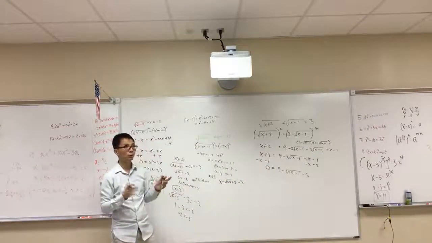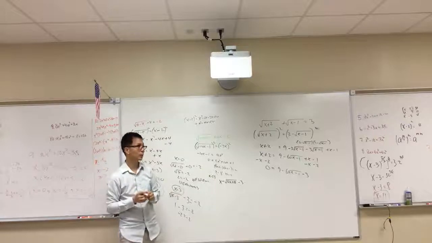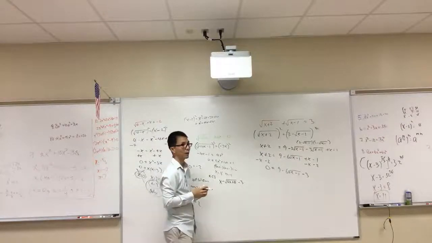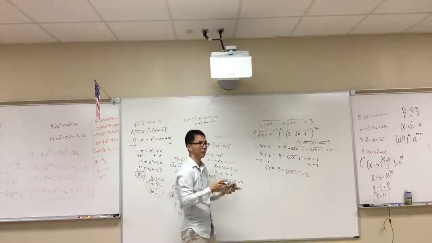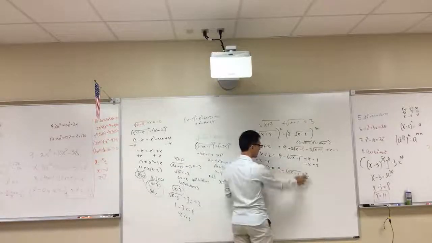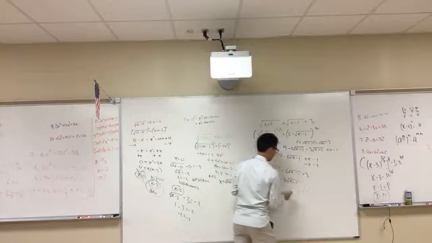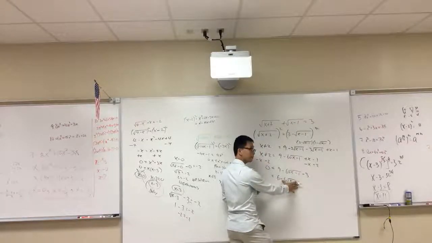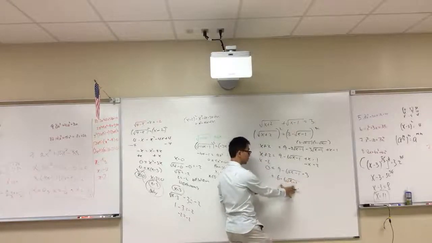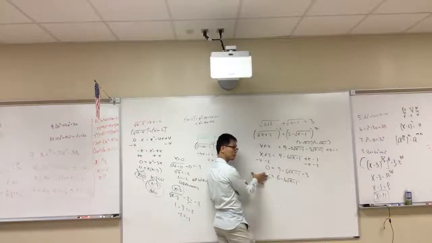Now we went from two radicals to one radical. And then you say, okay, we just have to isolate it again and get rid of it. So 9 minus 3 is what? 6 minus 6 square root of x minus 1. I'll move the whole thing to the right side.